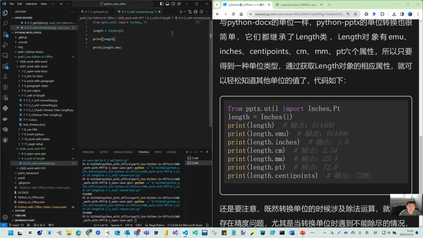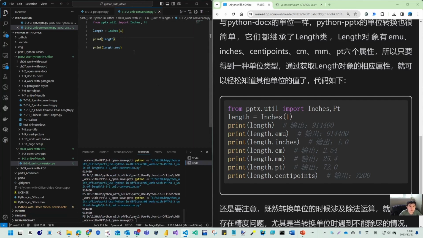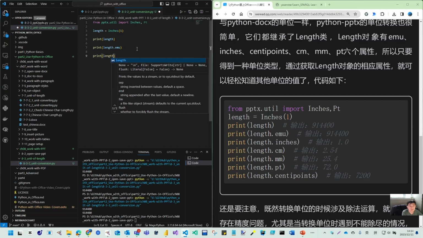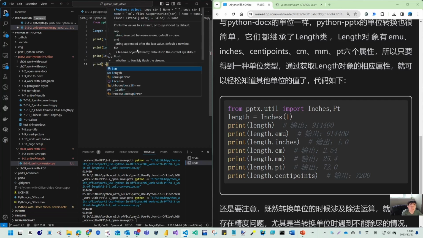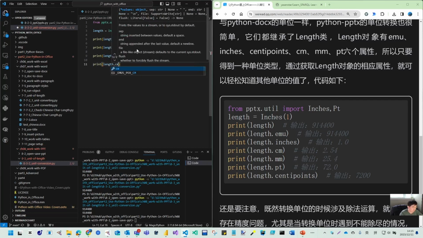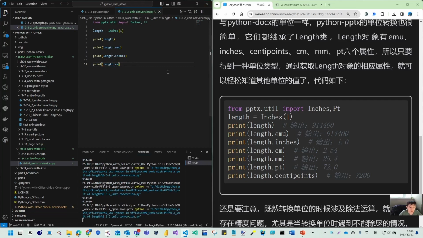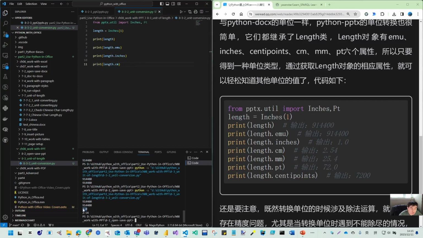Oh, I haven't saved. If I save, then print length.inches, that should be 1, and print length.cm. That will be the converting. So you have 1 inch and 2.54 cm.